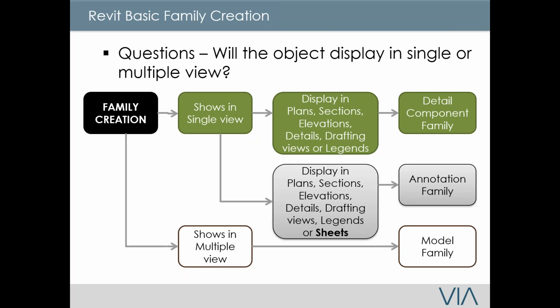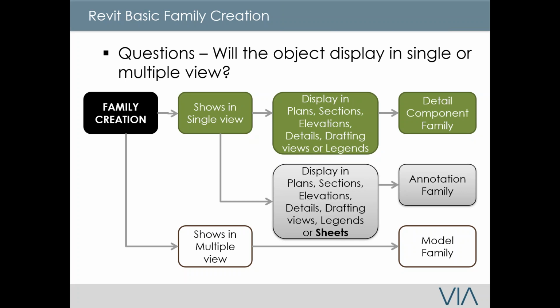I also ask the other question, which is, will this object display in a single view or multiple views? If you only want to see it in a single view, for example plan, I typically ask, is it going to display in plan, section, elevations, details, drafting views or legend?